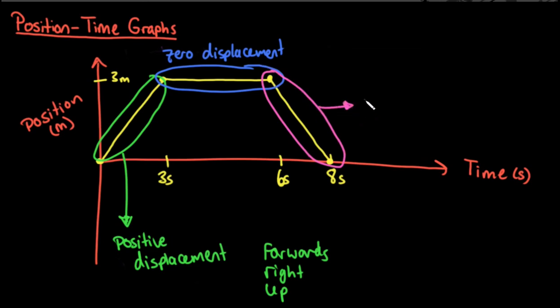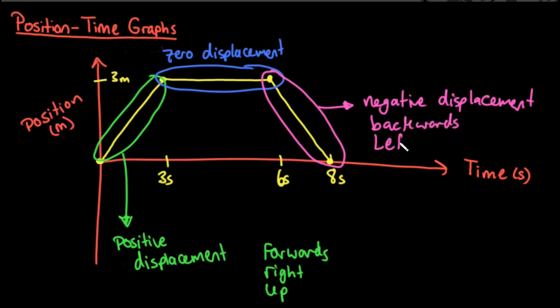And this means that we have a negative displacement. This means that the cat might have moved backwards. The cat could have moved to the left, or the cat could have moved down. These are all negative directions when we're considering movement.